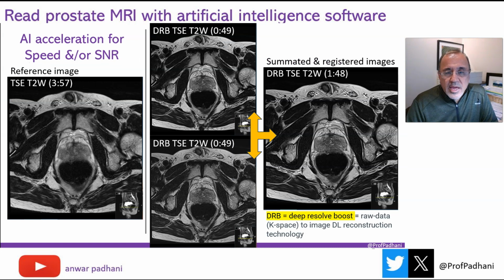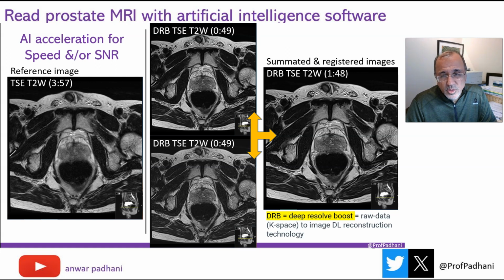Now, AI acceleration means that you can go faster and you can acquire images with a lower probability of having motion. So you'll see on the left-hand side a conventional T2 sequence, 3 minutes 57 seconds, and you can see it's marred by artifact from the rectal air.